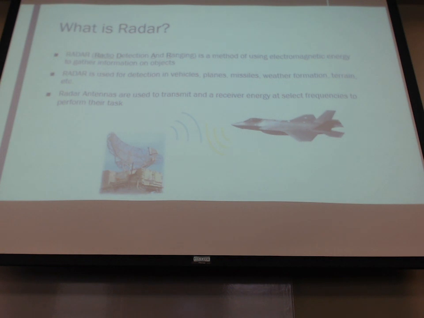Radar has since expanded to a multitude of things, from scanning to 3D scanning, and then SAR, which I'll talk about more. A basic setup has a receiver and transmitter. The radar antenna will shoot rays.